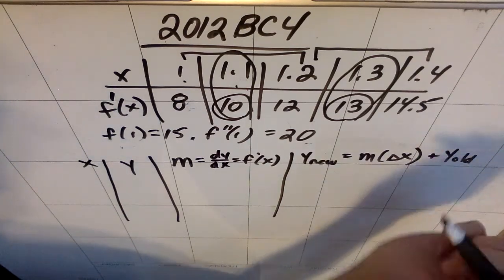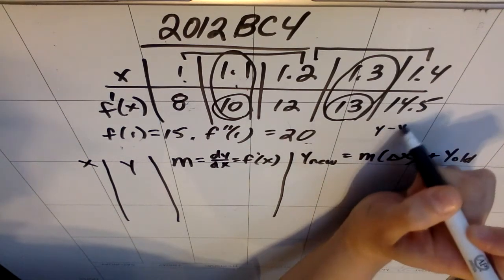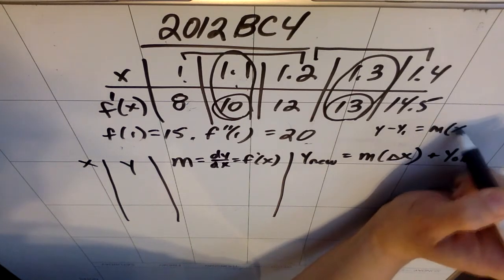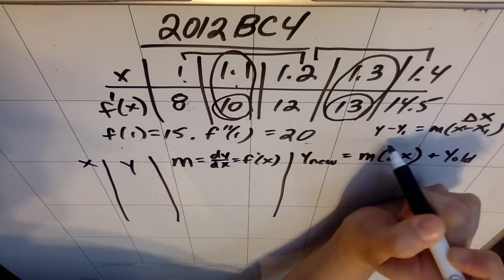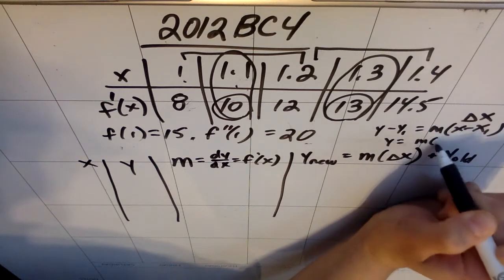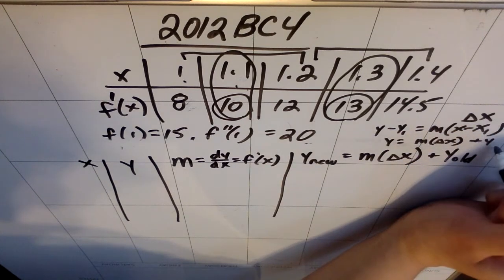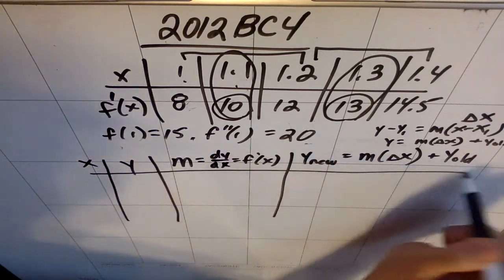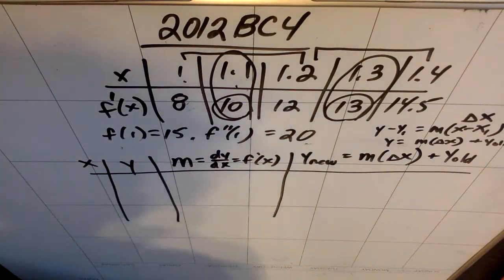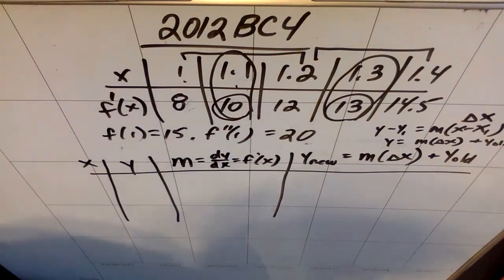If you think about it, if you did y minus the y value equals m times x minus the x value, well, x minus the x value is the change in x, and if this is your old y, you'd get y equals m times the change in x plus the old y. That's totally where we get that from. So if you ever have trouble remembering Euler's as some fancy complicated formula, it's really just point slope repurposed, which is true of an awful lot of stuff in math.